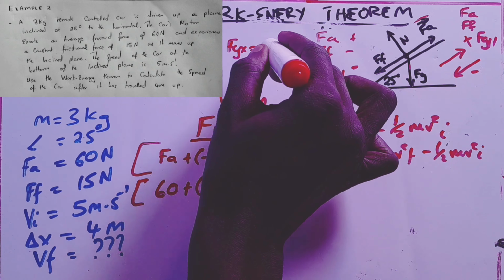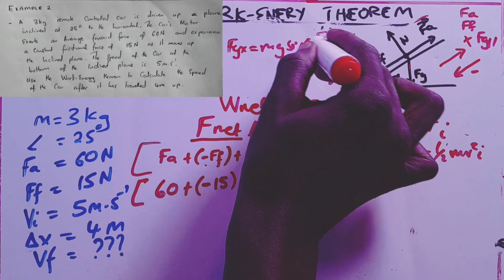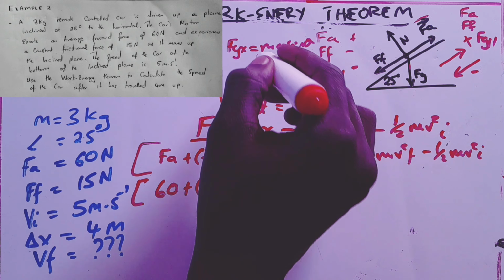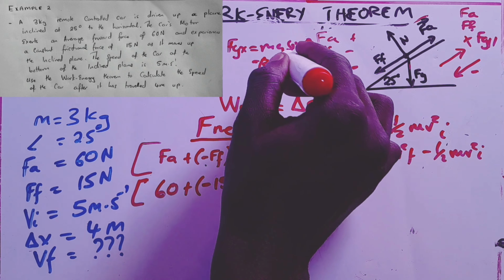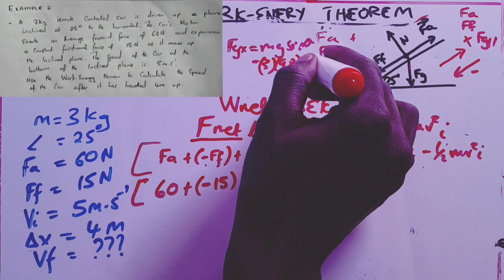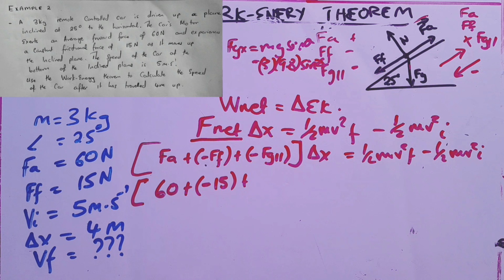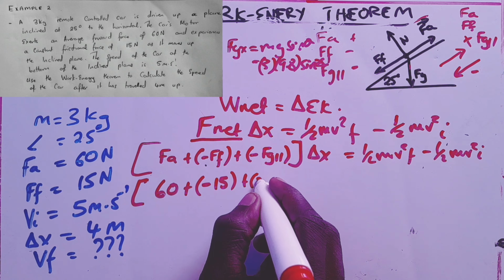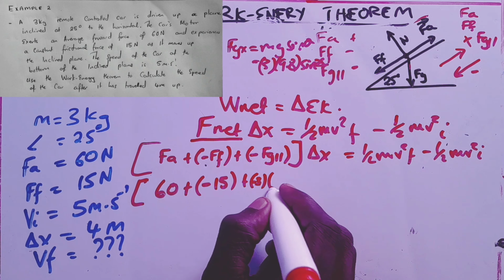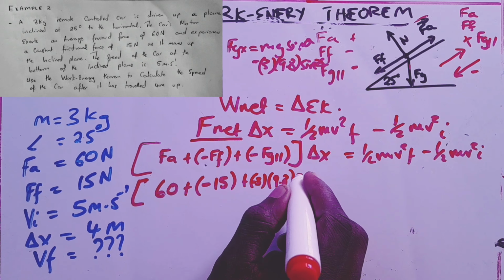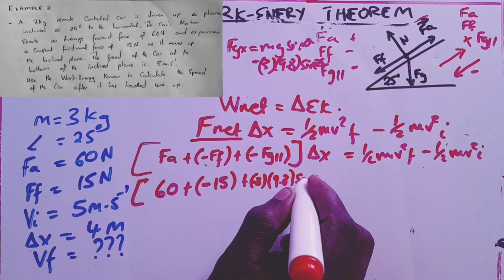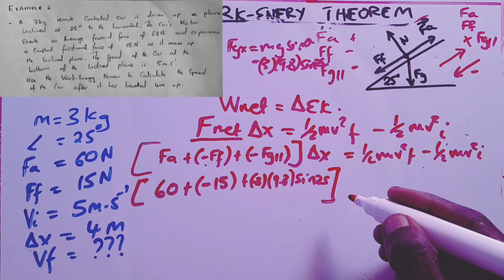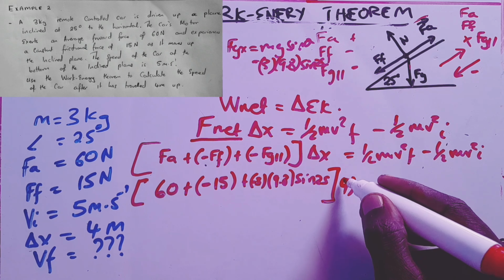Fg at x is equal to mg sine of theta. So this is 3 by 9.8 by sine of 25, right? So we can place it that way. So this should be negative 3, 9.8, and then sine of 25. So we can close that, being multiplied by 4 meters.